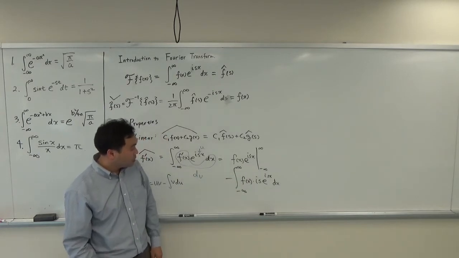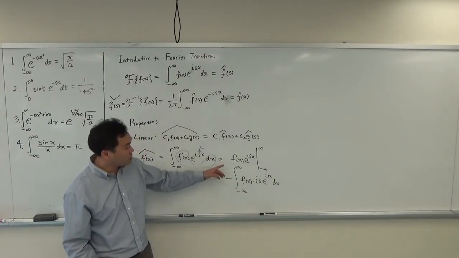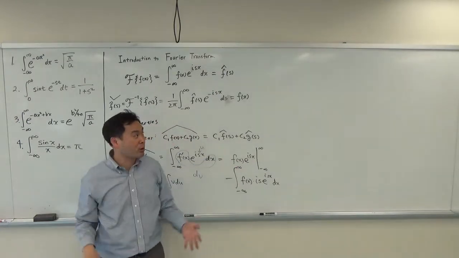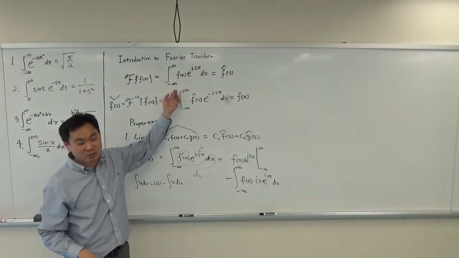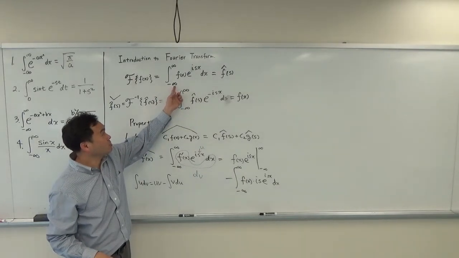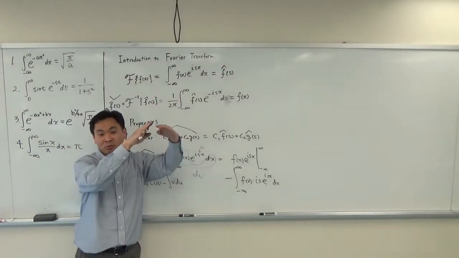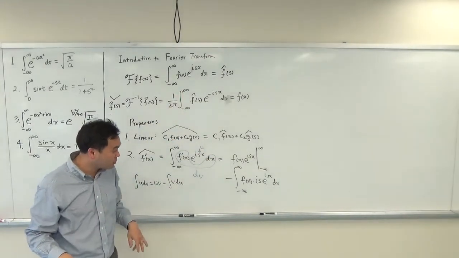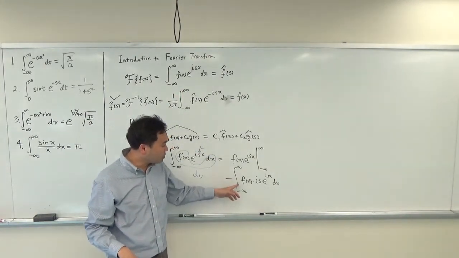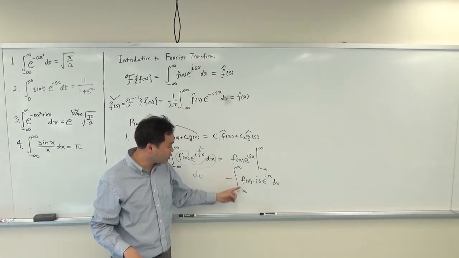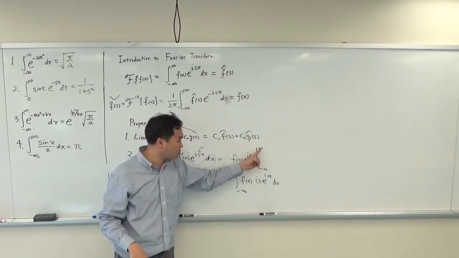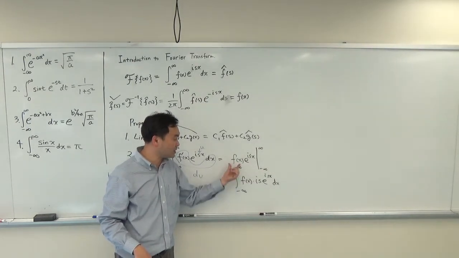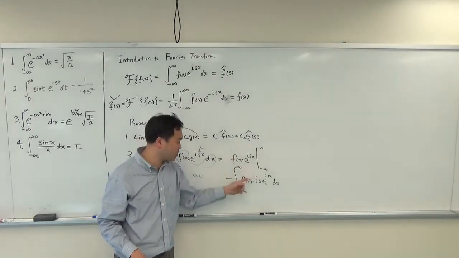There's an assumption here that f of x is quickly decaying as x goes to infinity, or else the integral wouldn't be defined. It has to go to 0 so that this gives you a finite value. So with that assumption, the boundary term is 0, because f at infinity and f at negative infinity are both 0.